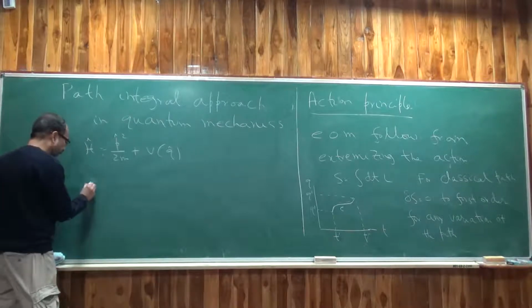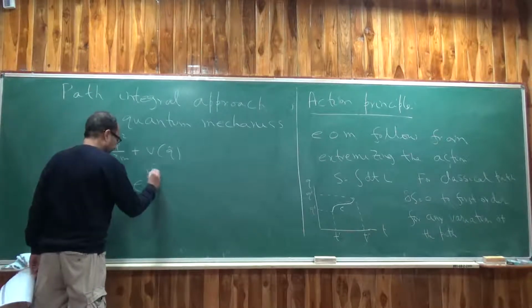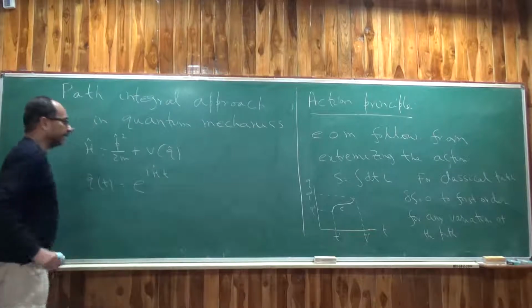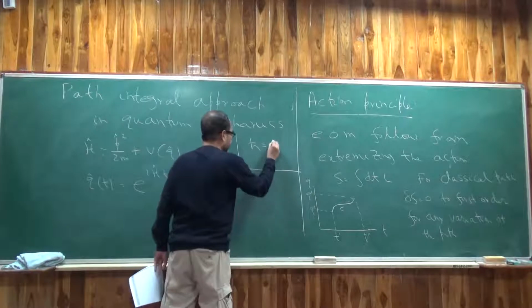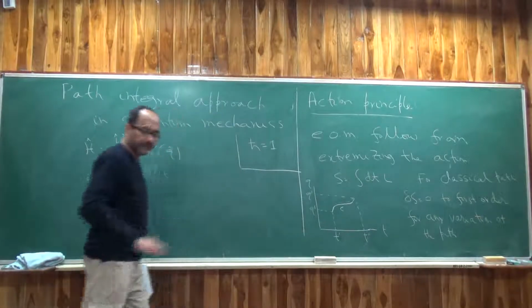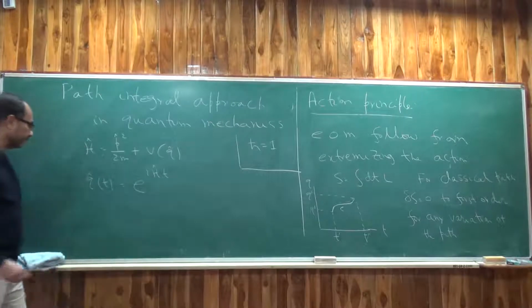We define q hat of t as e to the power i H hat t q hat e to the power minus i H hat t. Oh, I should have said I'll set Planck's constant h bar equal to 1 throughout this analysis, so that you don't have to write it so many times.